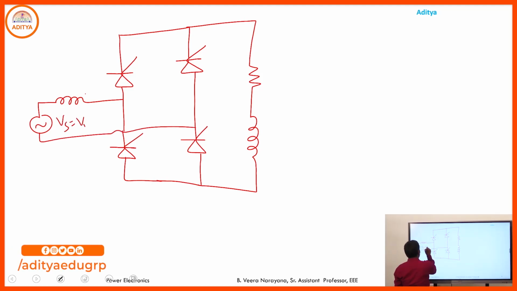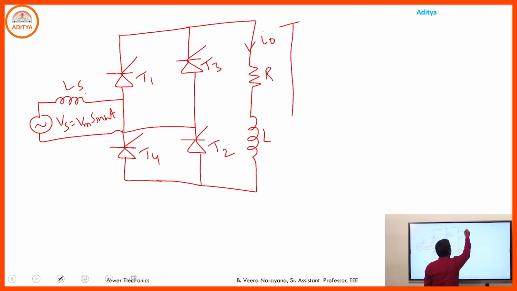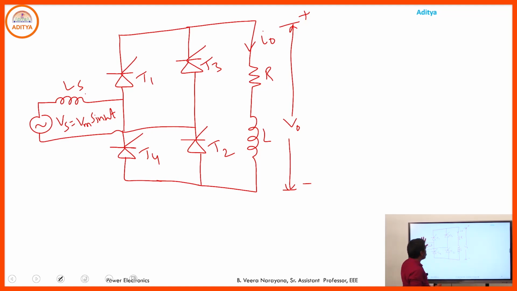Here the source Vs is equal to Vm sin omega t. Here you have the source inductance, and this is T1, T2, T3, T4. Here we have I0, R and L, and the output voltage across the load. So due to the presence of the source inductance, the equivalent circuit becomes like this.